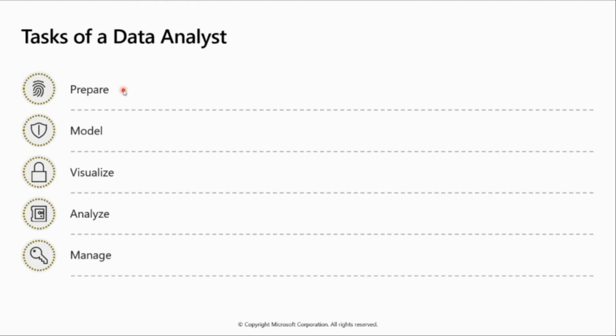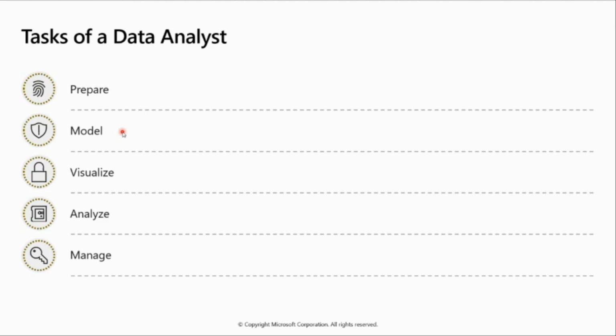The next step you can find here is what we call the modeling of the data. Because once the data is in a proper state, it's ready to be modeled. Now, data modeling is what?